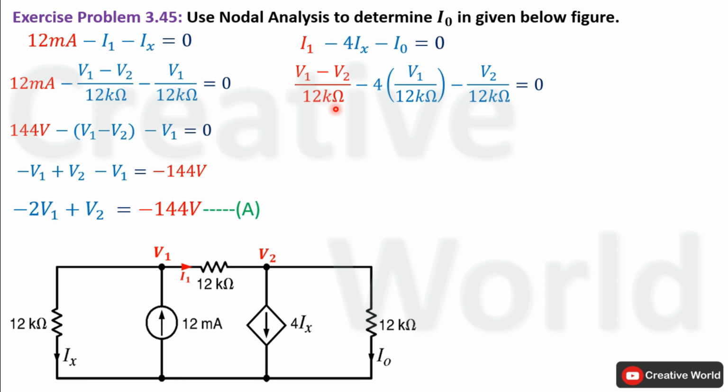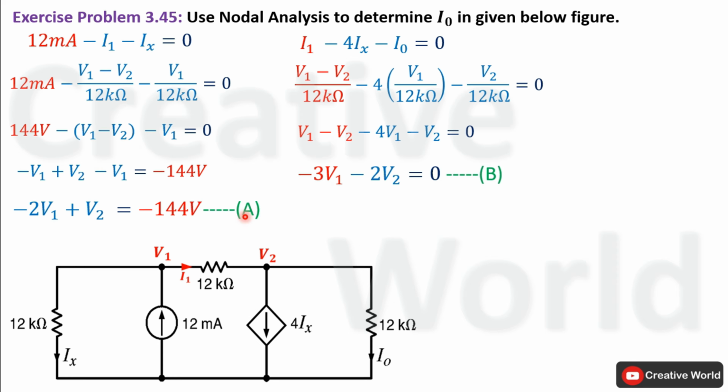Now we will multiply this equation on both sides with 12 kilo ohm in order to omit all denominator values. All denominator values will cancel out with the product of 12 kilo ohm. Only numerator values will be left. Add same variables together, the equation will become minus 3V1 minus 2V2 equal to 0.